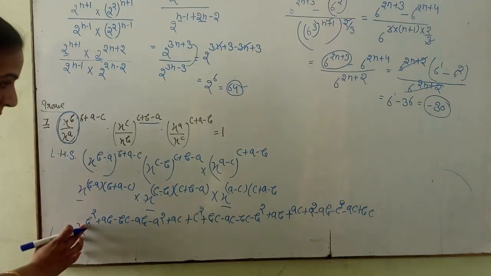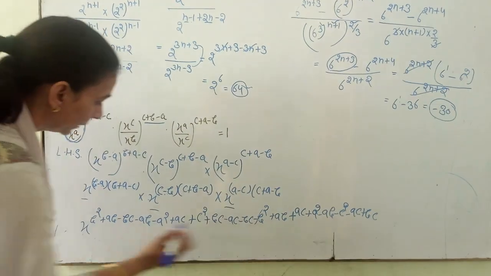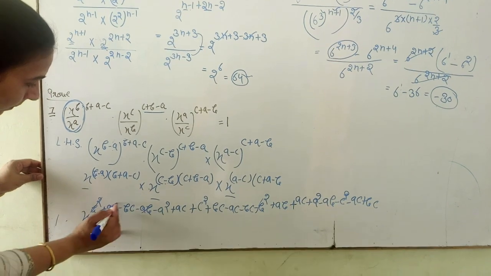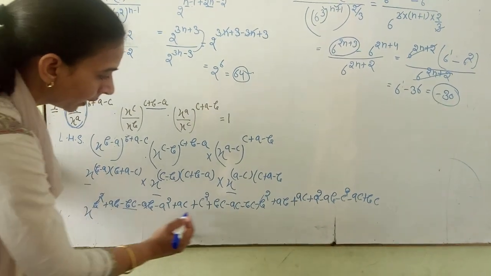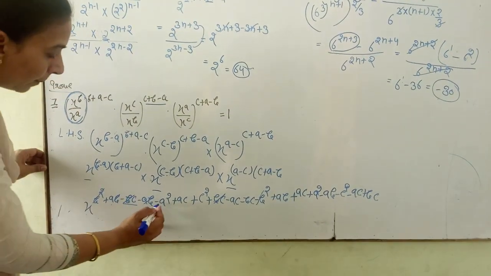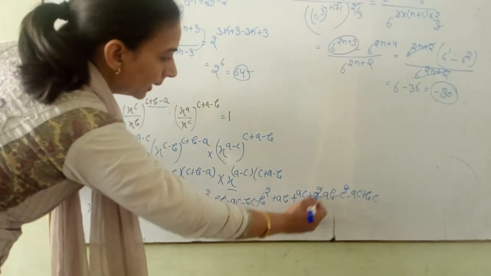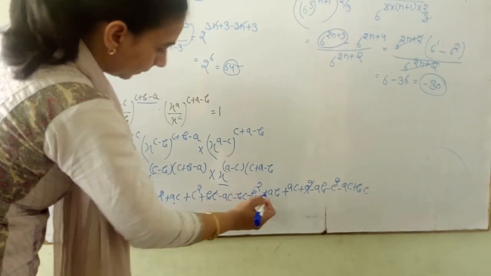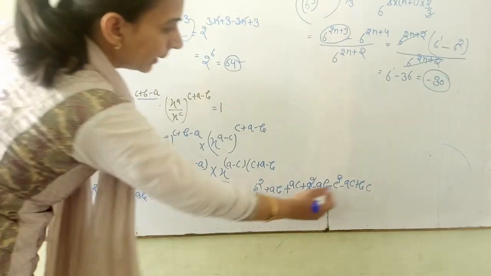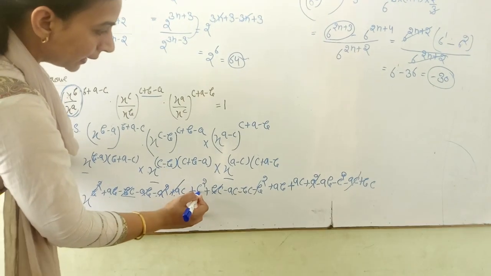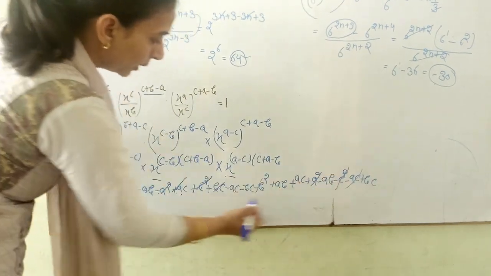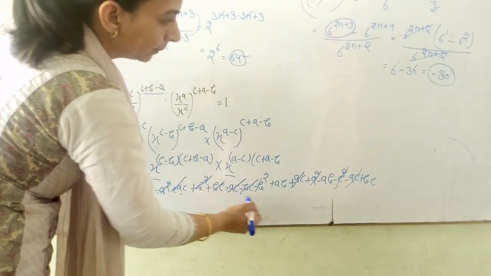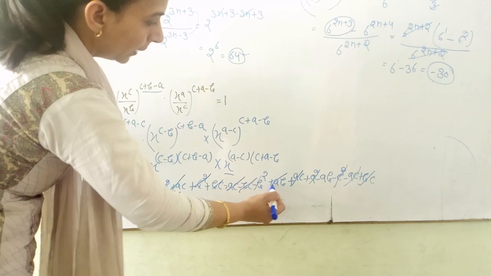Again b square minus b square, then minus 0, then cancel. ab minus ab, minus bc plus bc, minus a square plus a square, ac plus ac and plus ac minus ac, c square, then minus c square, minus ac plus ac, minus bc plus bc, ab and ab.